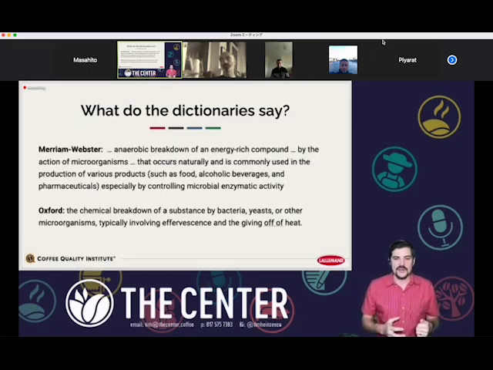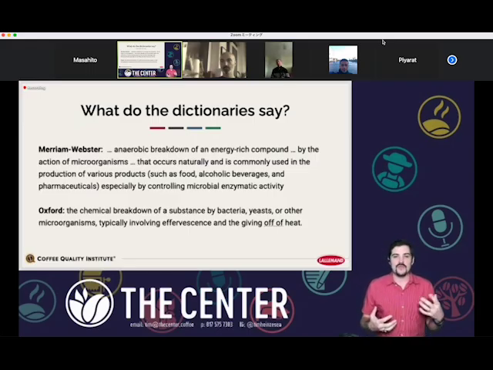In the Oxford Dictionary, we see that they define fermentation as the chemical breakdown of a substance by bacteria, yeast, or other microorganisms, typically involving effervescence, which is basically just bubbling, or carbon dioxide, essentially is what they're pointing to, and the giving off of heat. Okay, so there's some temperature that is released. Now, it's interesting how even within these two sources, you begin to see some differences in how they actually define and break down fermentation.